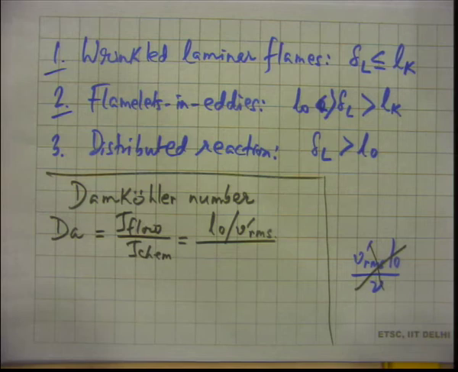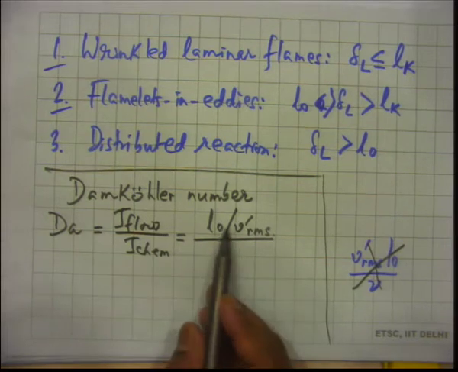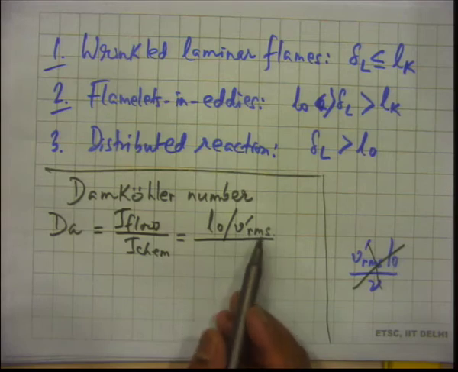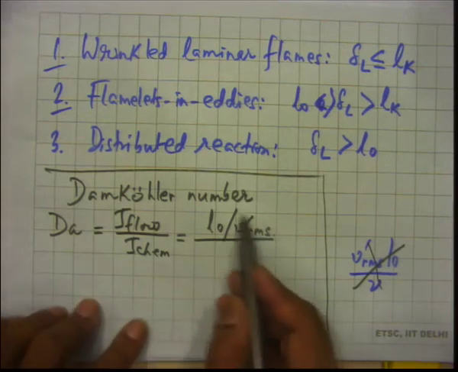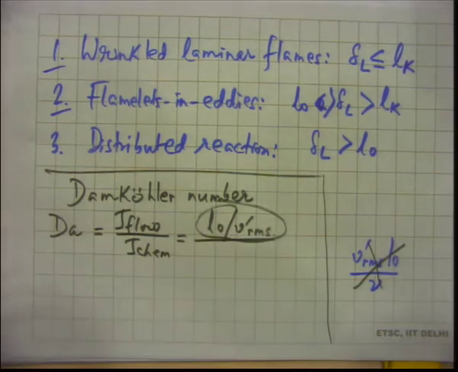Is LO divided by V prime RMS a time scale? It is, because this is a length scale divided by a velocity, so it will give you a time. It is kind of like the lifetime of large eddies in a turbulent flow.